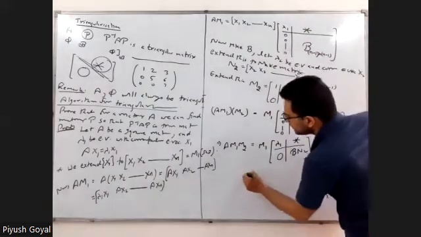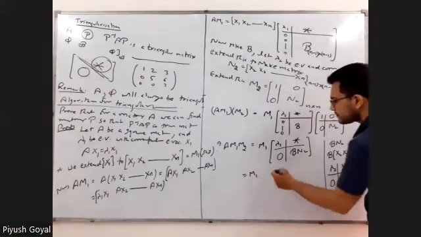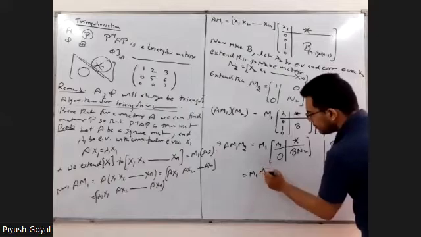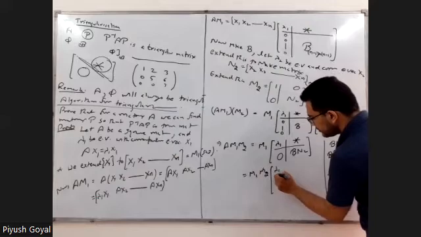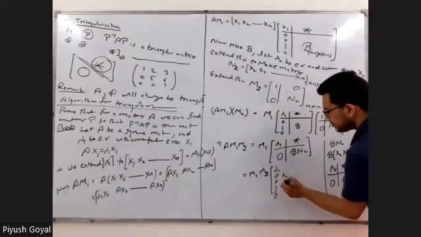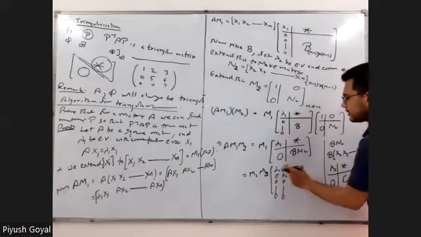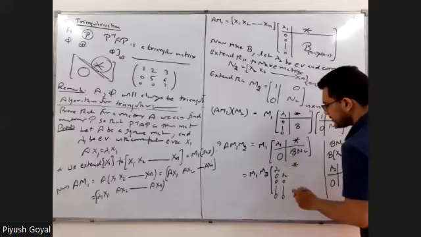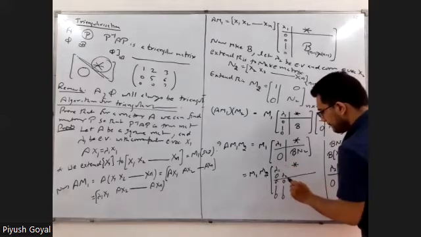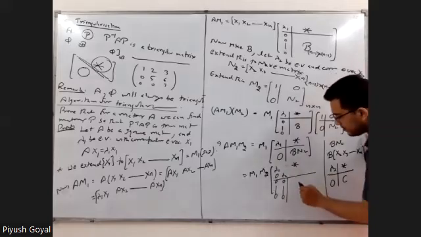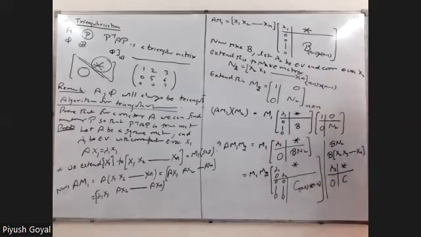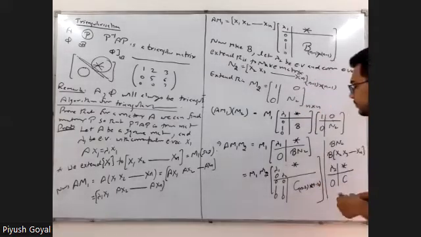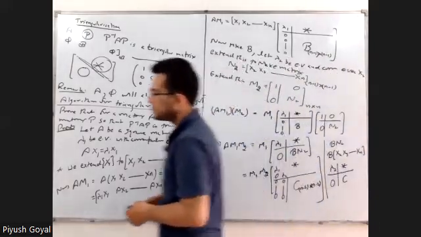It will look like M1 into M2 giving lambda 1, lambda 2, then 0, 0 all the way down, then star, then C, which is n minus 2 cross n minus 2. So this is your theorem.